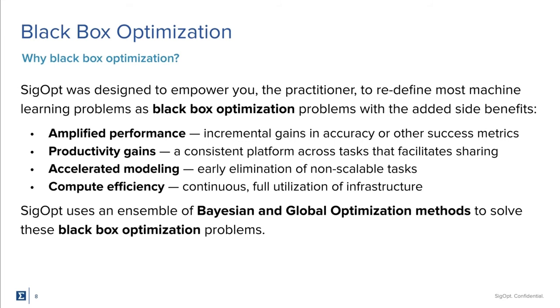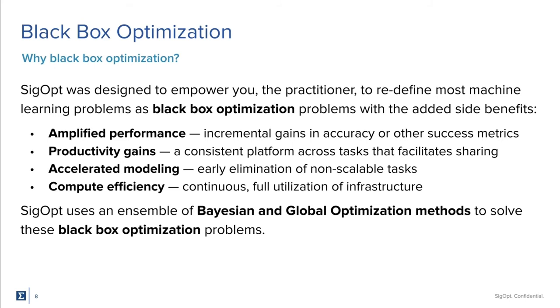How do you take the architecture parameters that are really inherent in a lot of the deep learning models that people are leveraging today? And how do you take all the different hyperparameters inherent in every type of machine learning model and make sure that you're getting to the best possible version of your model as efficiently as possible?